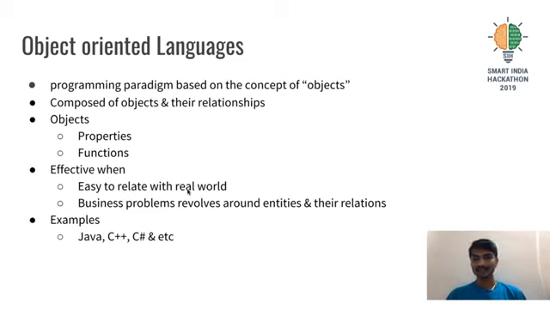And I have some functionalities: I can eat, I can walk, I can sleep. So these are my functionalities. In the same way, whatever entities we can find in our requirements are identified as objects.